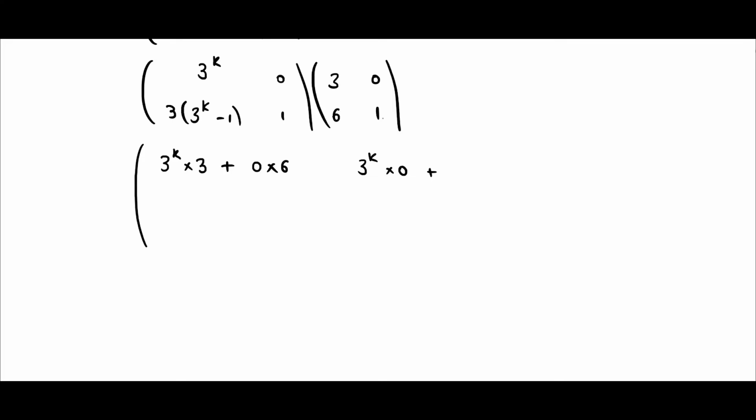For this element here, we have 3 lots of 3 to the power of k minus 1 multiplied by this 3 here plus 1 times by the 6. And then for our final element, we have 3 lots of 3 to the power of k minus 1 times by 0 plus 1 times by 1.